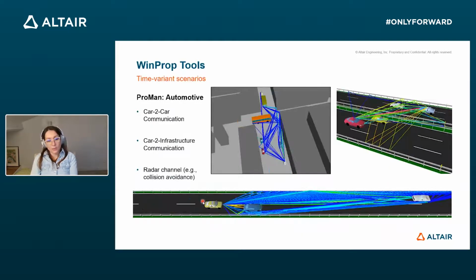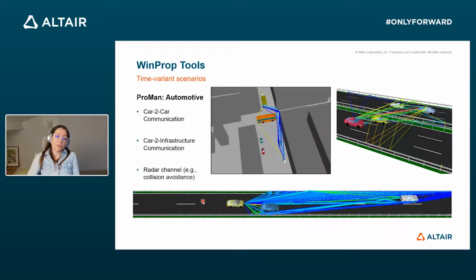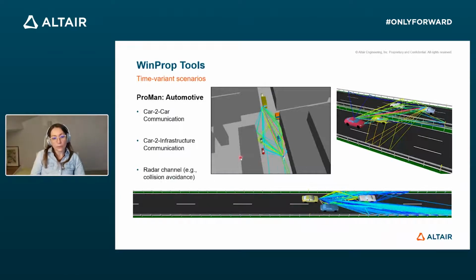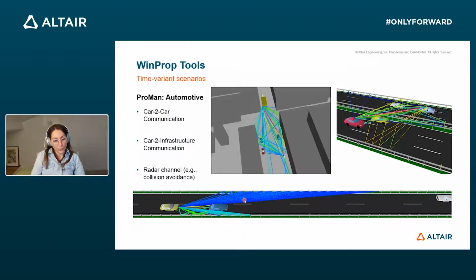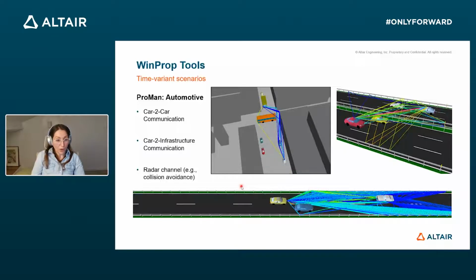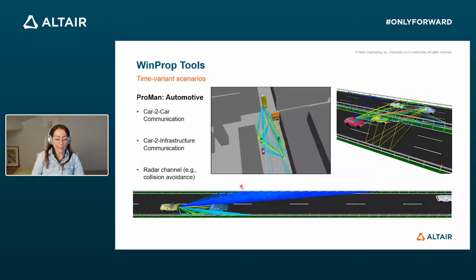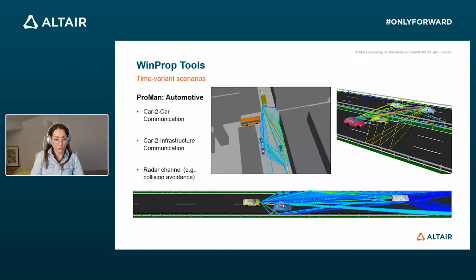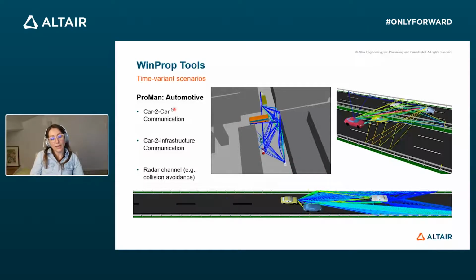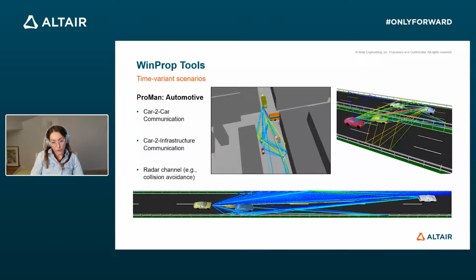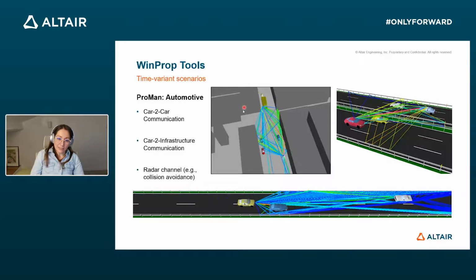And Windprop has multiple tools, but this is one of them. One of the tools I chose to share with you today is a tool that allows you to perform some time variant analysis. And what we mean by time variant analysis is that one or more of the obstacles or the objects you have in your propagation environment is not static like a building, but is a moving object like a car, a pedestrian, a bicycle, etc. So what we are able to do is that we can perform car-to-car communication, but we can also perform car-to-infrastructure when the car is analyzing its environment.